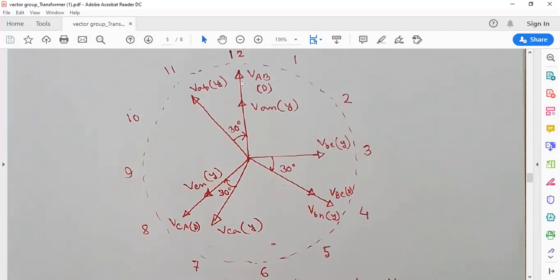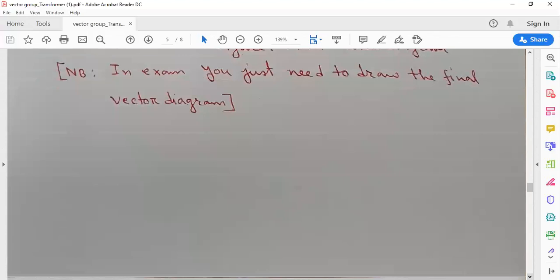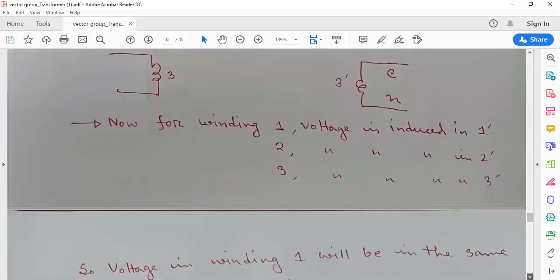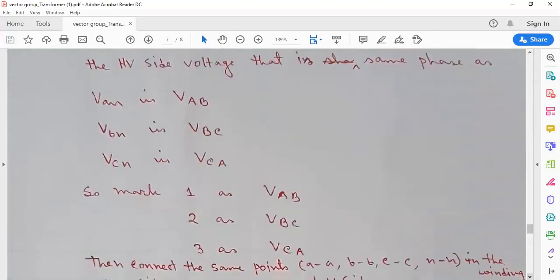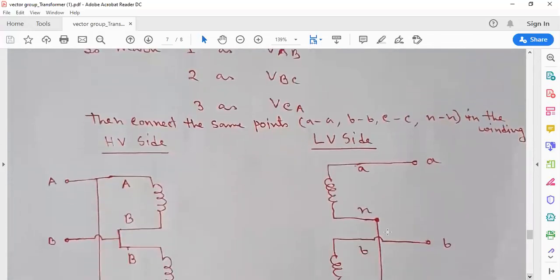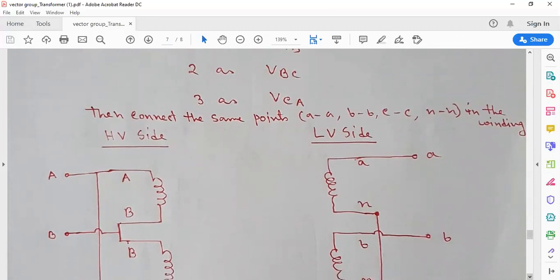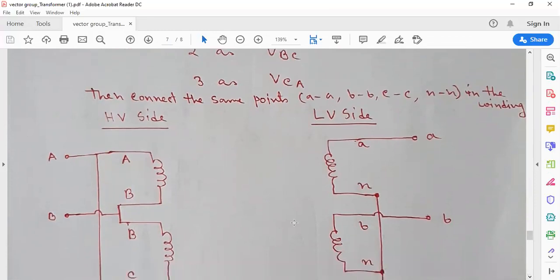They are each other's supply and induced voltage. So from this idea we can say that the voltage for which AN is induced is VAB. Also VBN is induced due to VBC from the vector diagram.